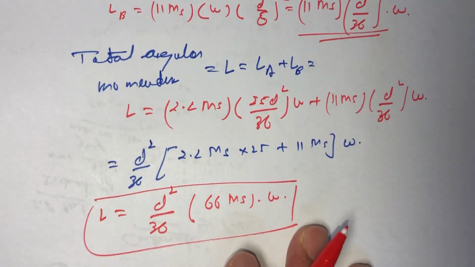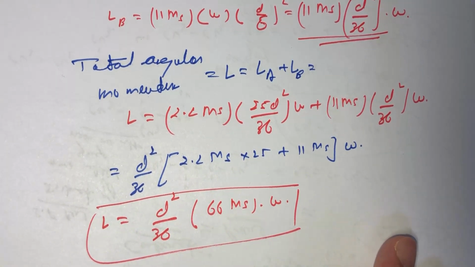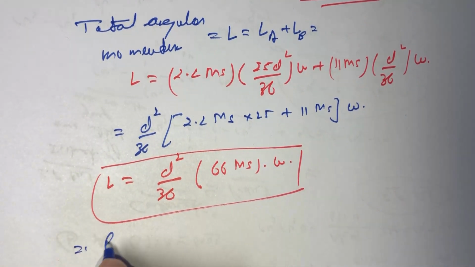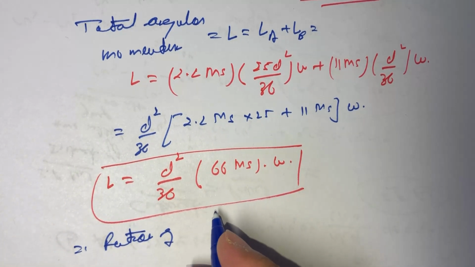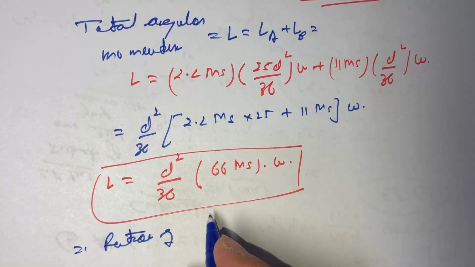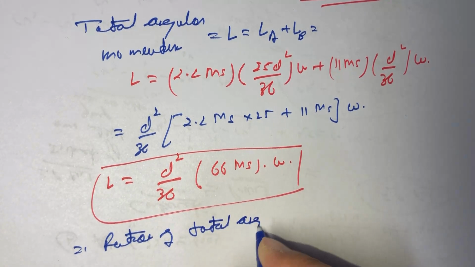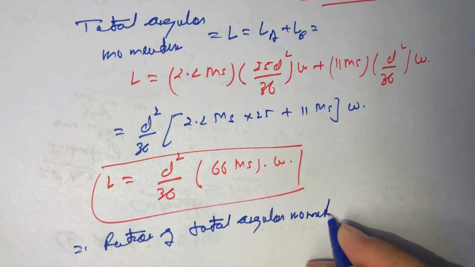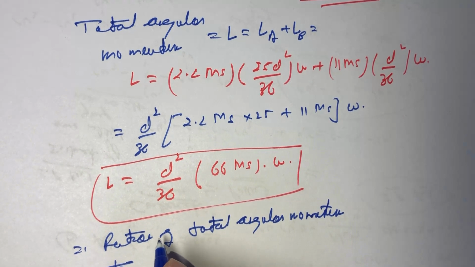So this is our total angular momentum, and this is the angular momentum of star B. We are supposed to find out the ratio of total angular momentum to the angular momentum of star B about the center of mass.